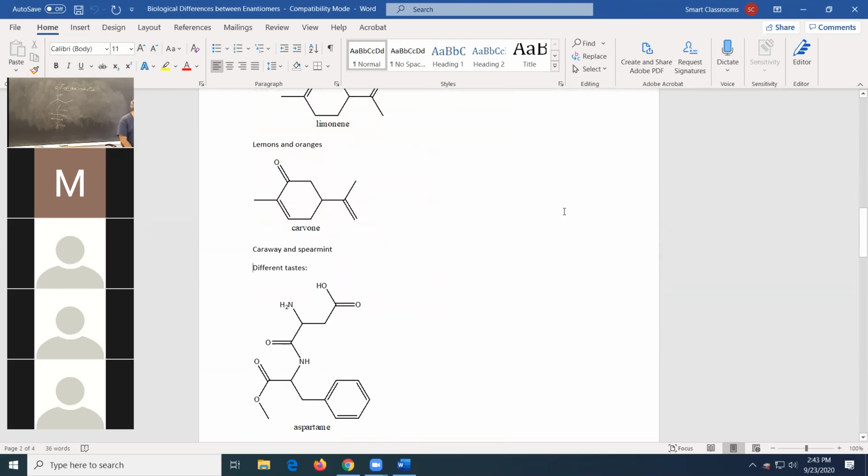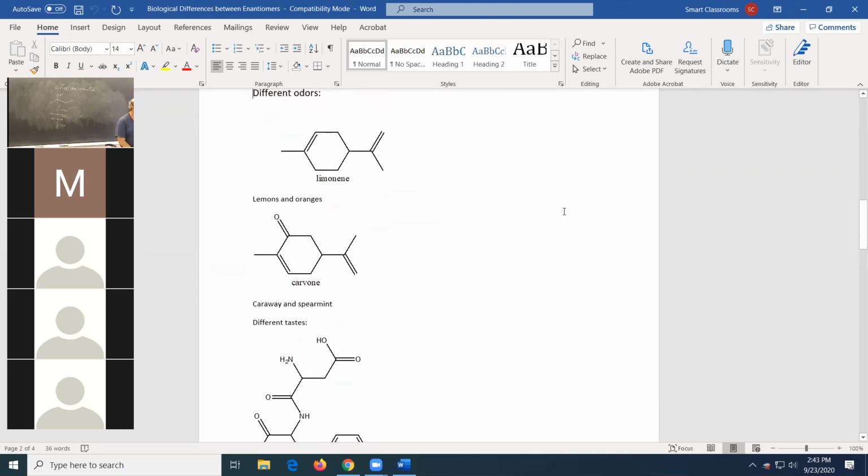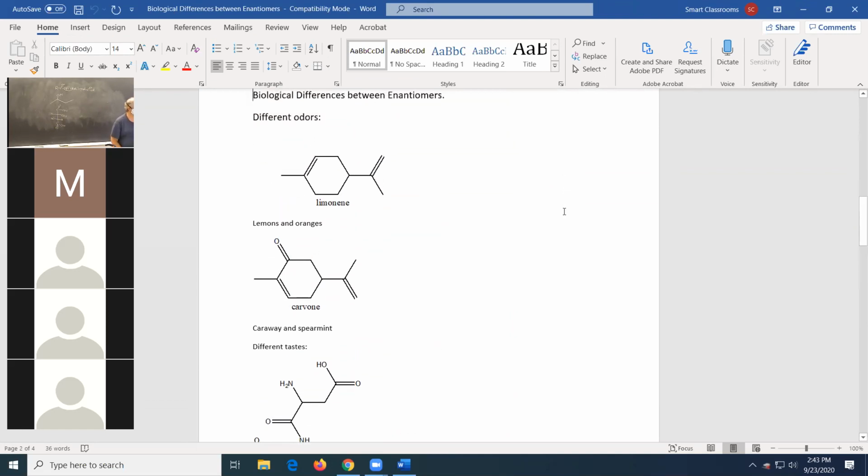Okay, some of the biological differences include different odors. The compound up at the top is called limonene. And the chiral center is where this isopropenyl group meets the cyclohexene ring.